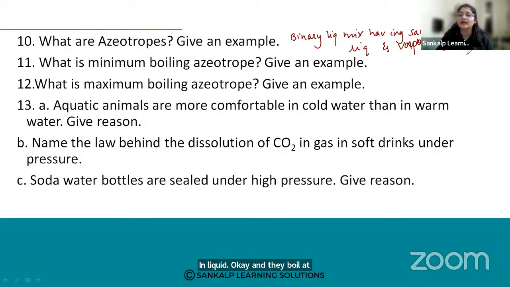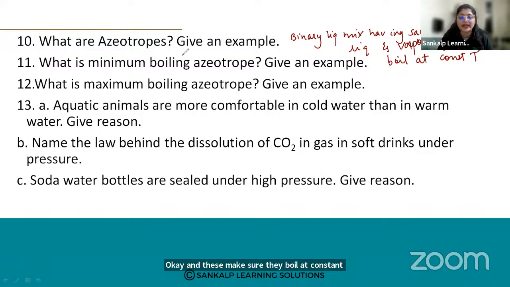Remember, they are binary liquid mixtures having the same composition in liquid and vapor phase, and these mixtures boil at constant temperature.